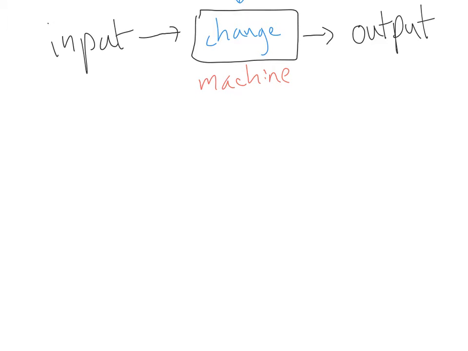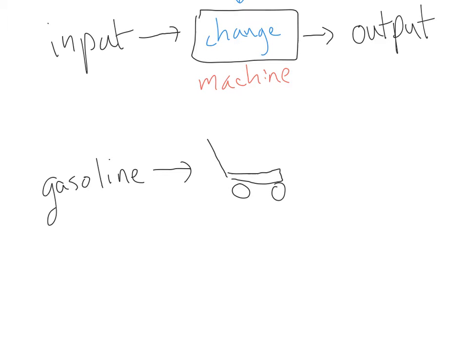And I know this is kind of abstract, so maybe let's look at something a little bit more relatable. Let's say you take gasoline and you put it into a lawnmower. Let me try drawing a lawnmower really quick. You guys know my drawings are usually really bad. Okay, it's not terrible. But you take the gasoline, you put it into the lawnmower, and then what does the lawnmower do with that gasoline?